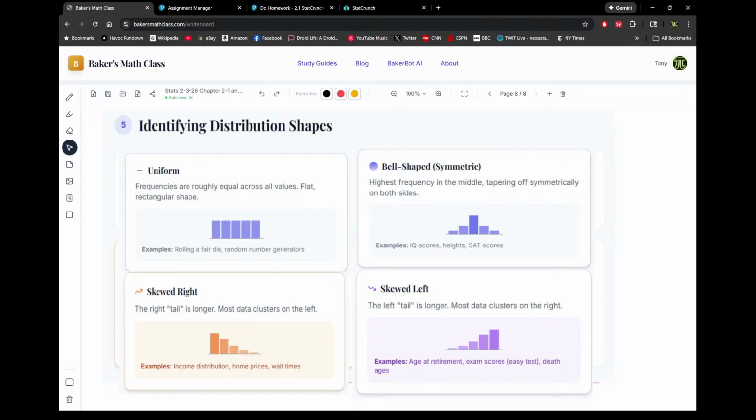Sometimes we do have data that is skewed right, and sometimes we have data that is skewed left. Can anybody tell me how you would determine skewed left and skewed right? Yes.